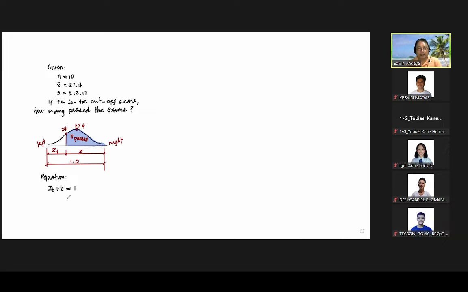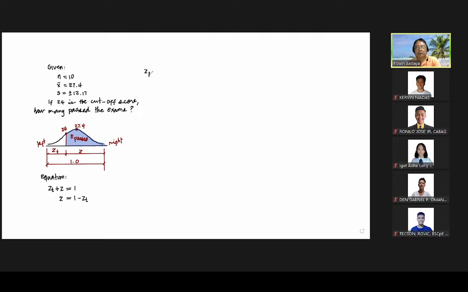Transfer the z sub t to the other side since we are interested in the distance z. The z sub t becomes negative. Are you following? Yes, sir.